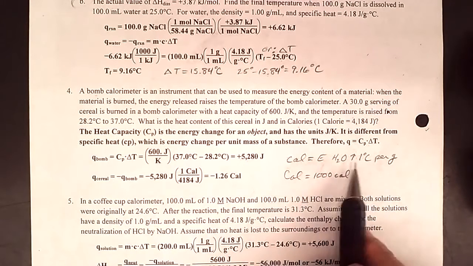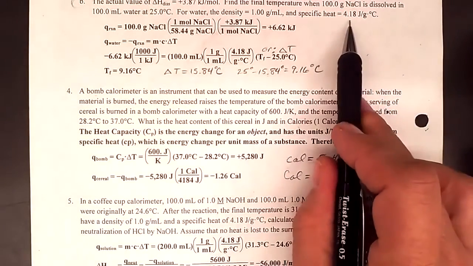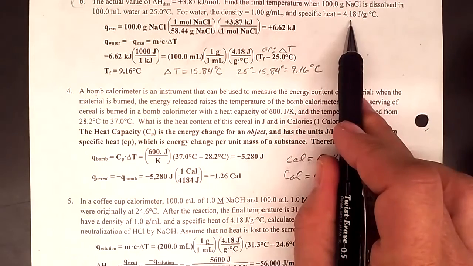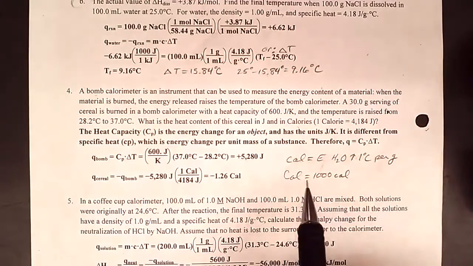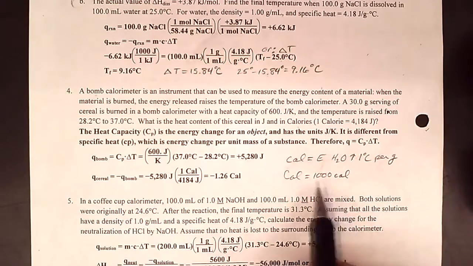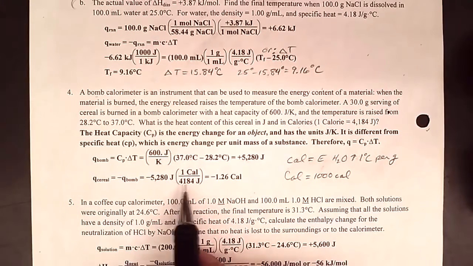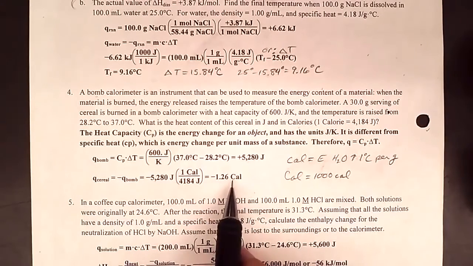The energy it takes to push 1 gram of water up 1 degree Celsius is 4.18 joules. So 1 calorie is 4.18 joules, or 1,000 calories would be 1,000 times as much. And that's why this conversion works here. And we get capital C Calories.